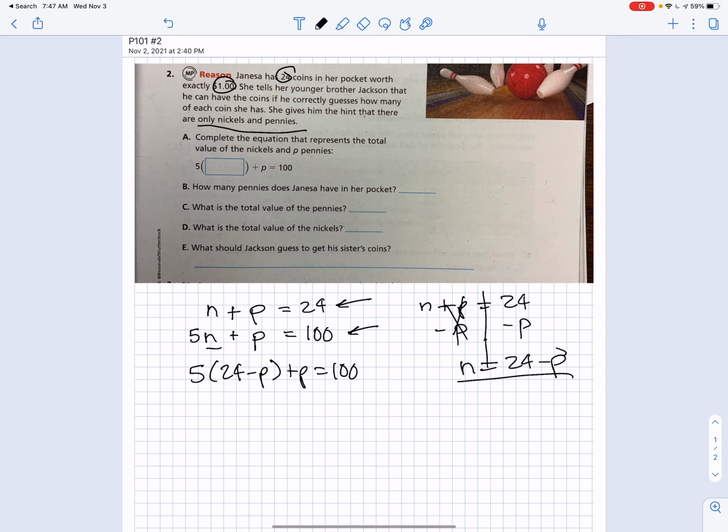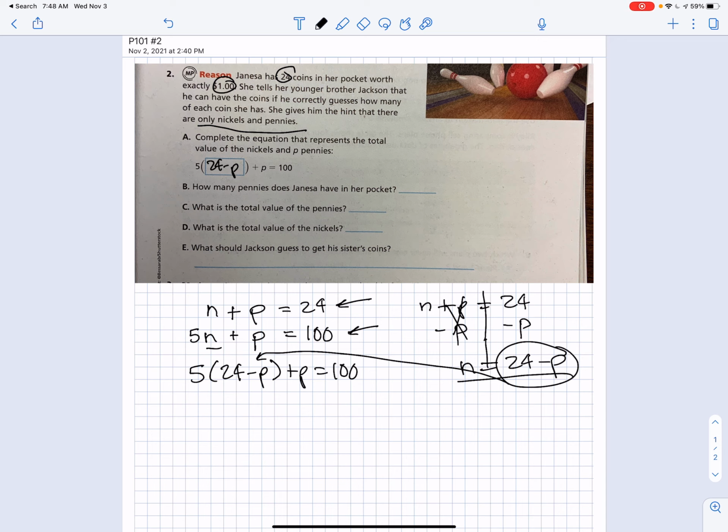Because if n equals 24 minus p, then I can substitute that in for n. Okay, so now that's the answer for A, right? A is 5 times (24 minus p) plus p equals 100.